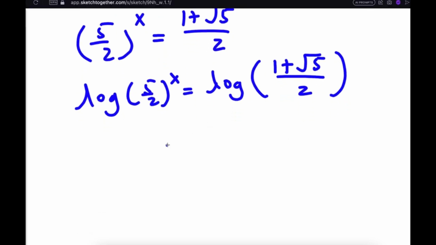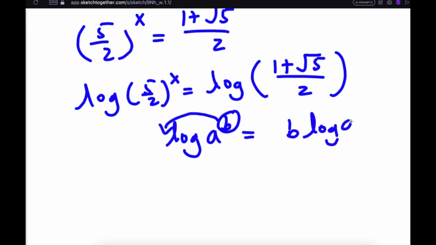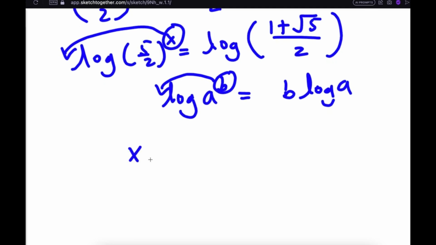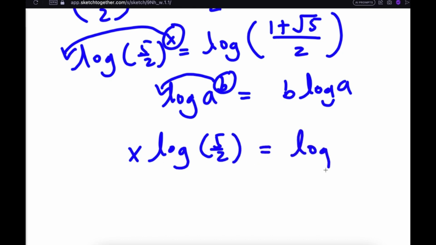Now if I have something in the form log a to the power of b, I can actually move this exponent b to the front, so I'll have b times log a. So log of (5/2)^x, I can move this exponent to the front, which gets me x times log 5/2. This is equal to log of (1 plus the square root of 5) over 2.